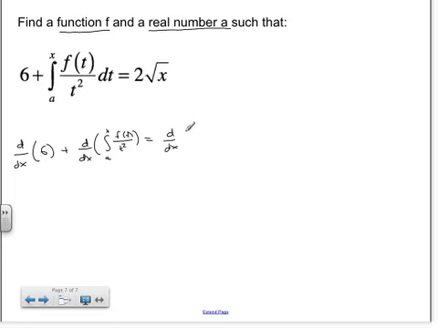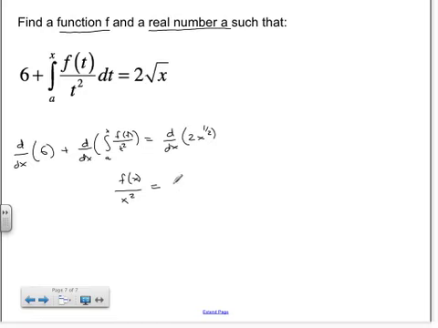Okay, the derivative of 6 is 0. The fundamental theorem has told us that the derivative of an integral function is the integrand as a function of x. So this becomes f of x over x squared. The derivative of 2x to the 1/2 is going to be 1/2 times 2, which is 1, times x to the negative 1/2.